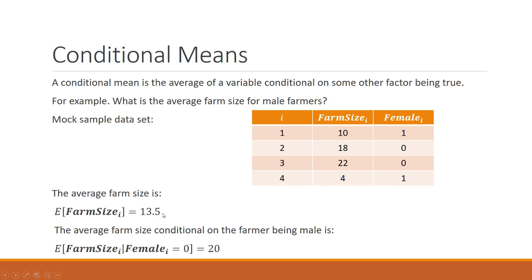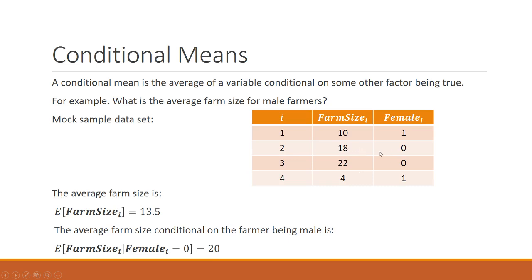But if I said the conditional mean, well, conditional on what? Let's say I wanted to know the average farm size, the mean farm size, conditional on the farmer being male. That would be, I want to take the average of the variable farm size for the people who are male.